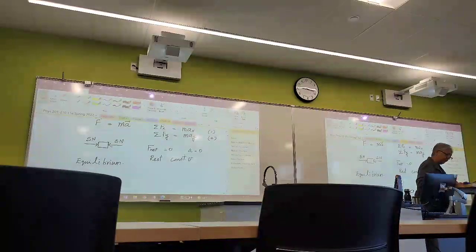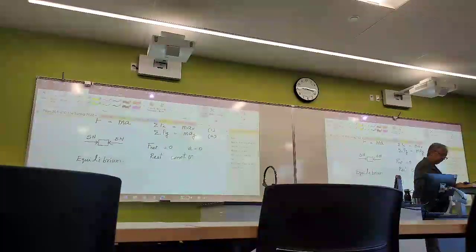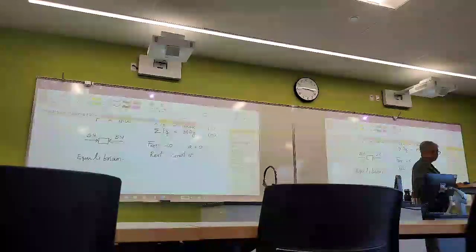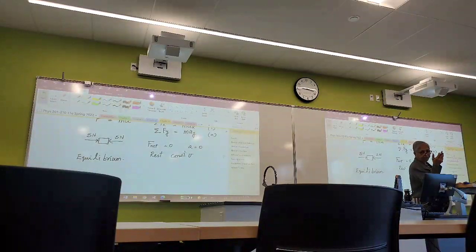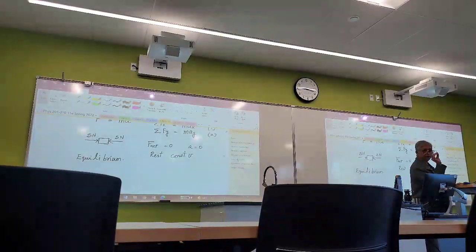So for equilibrium, when the problem says the object is in equilibrium, or if the problem says the object is moving with constant velocity, is it equilibrium? That will be the hardest thing to recognize, when the problem says the object is moving with constant velocity. If it is moving with constant velocity, then the acceleration is zero.